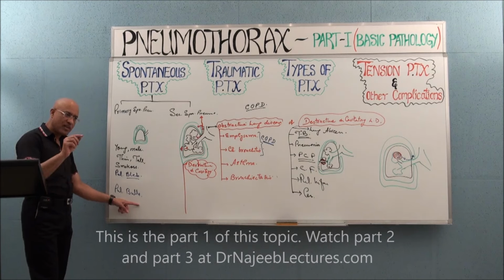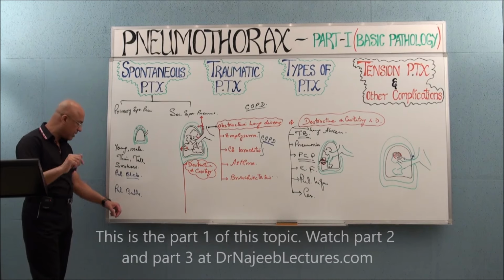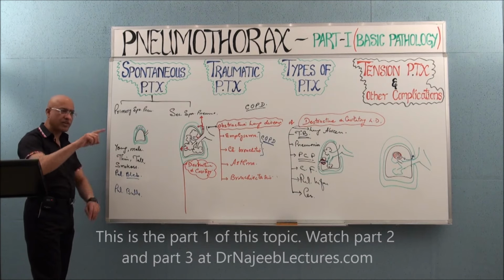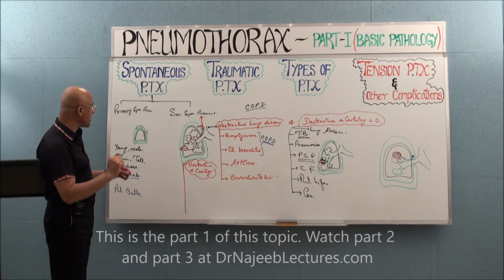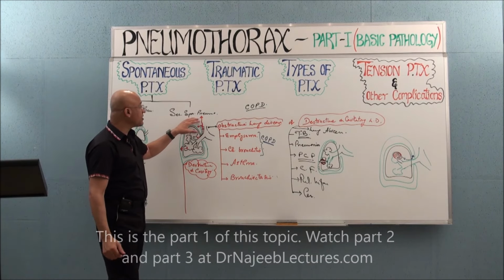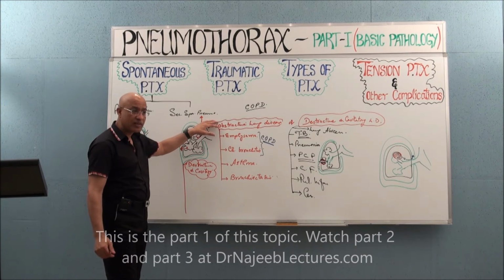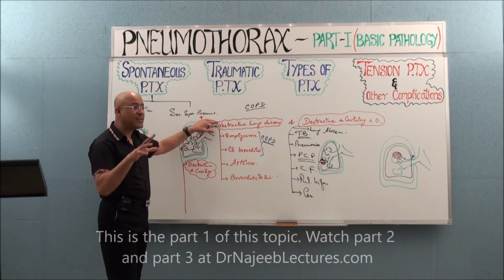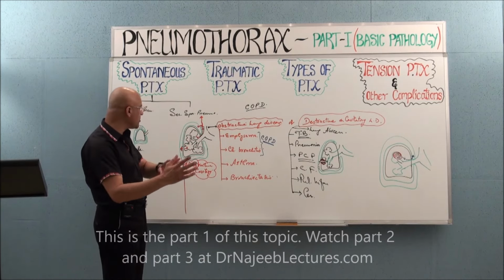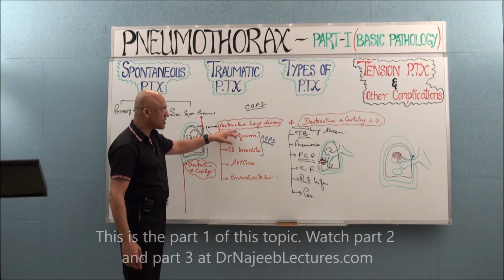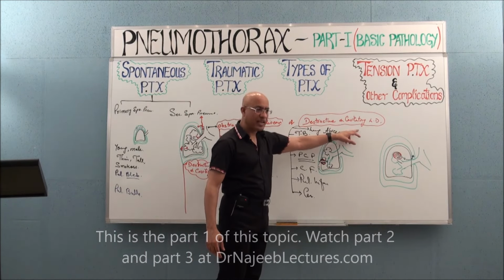A bleb is partly surrounded by pleura and partly surrounded by the lung parenchyma. But a bulla is a large air space surrounded on all sides by the lung parenchyma. Then we talked about secondary spontaneous pneumothorax, a type of pneumothorax which is secondary to an underlying lung disease. These underlying lung diseases generally can be classified as obstructive lung diseases and destructive and cavitary diseases.